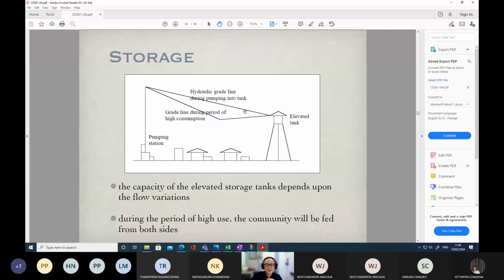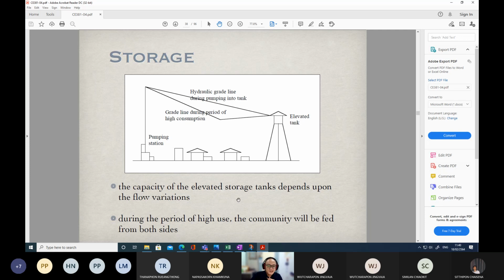This is the profile of the hydraulic grade line. The pumping station should be higher than the elevated tank. But during high consumption, this hydraulic grade line may drop due to consumption in the community.